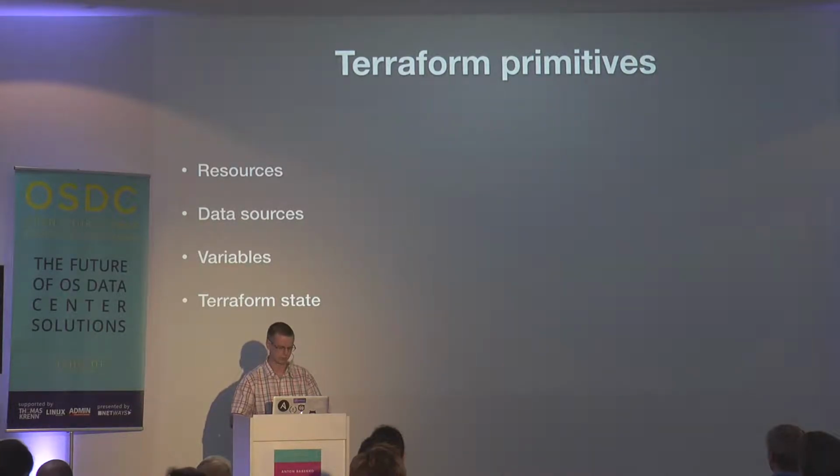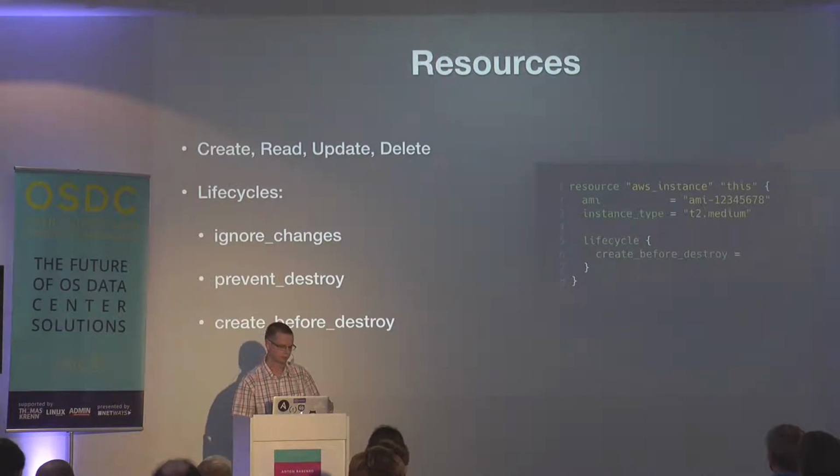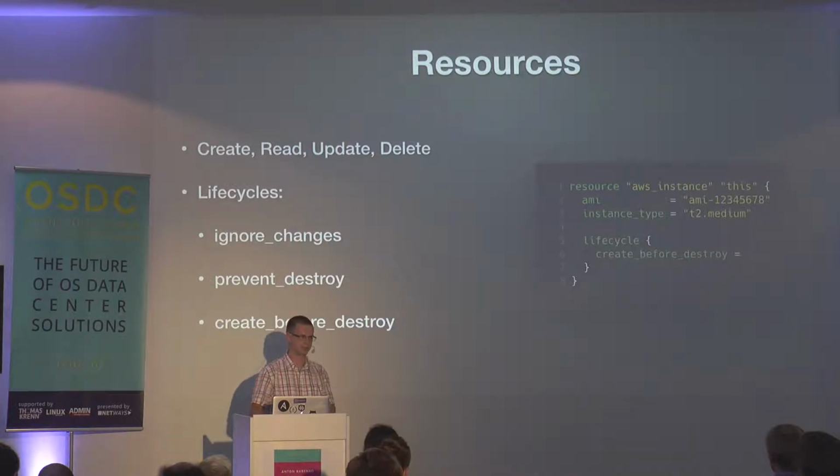I don't want to go through that. They're not so relevant for this talk. Resources support CRUD operations: create, read, update, and delete. That's all. They can also contain some lifecycle rules to make sure that you don't destroy a resource by accident.